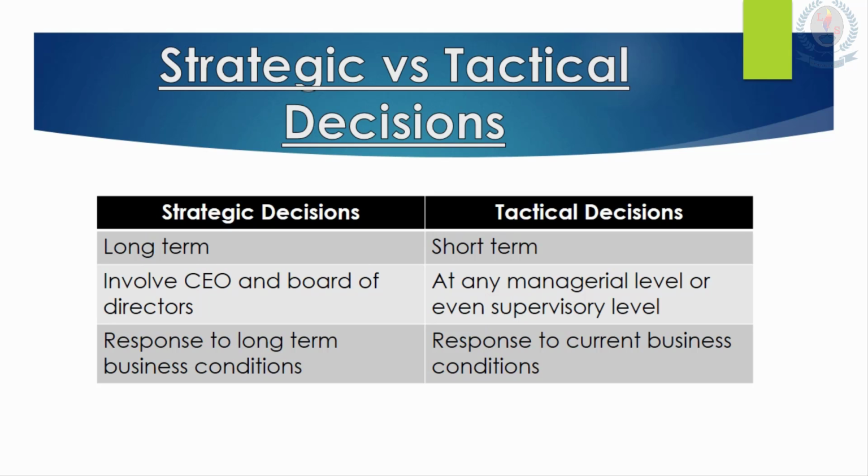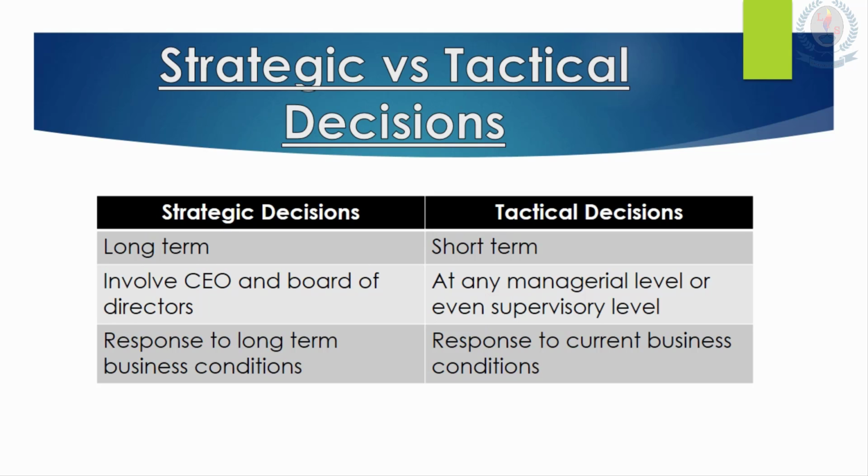In this table, you can see that I have divided this table into two columns, two parts: strategic decisions and tactical decisions. So you can clearly identify the difference between these two decisions. I told you that strategic decisions are based on the long term and tactical decisions are based on the short term.